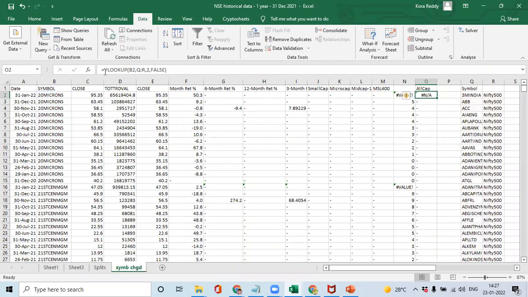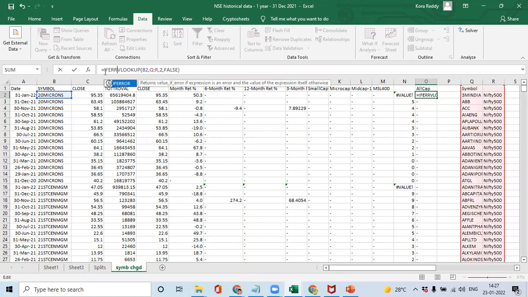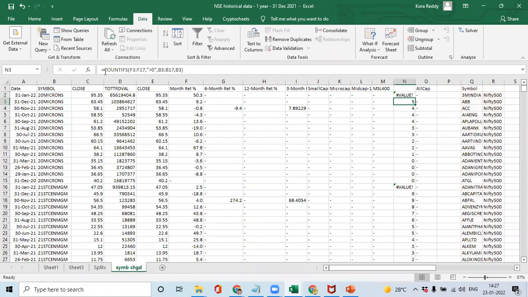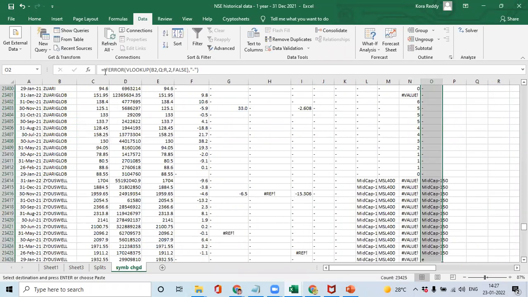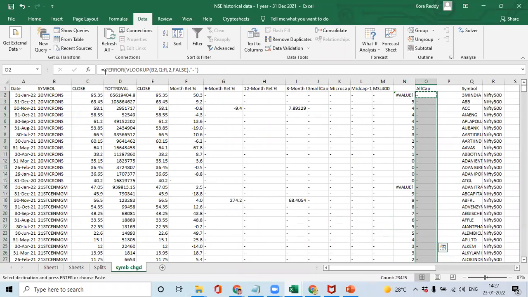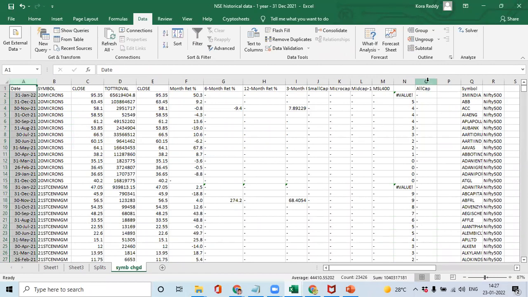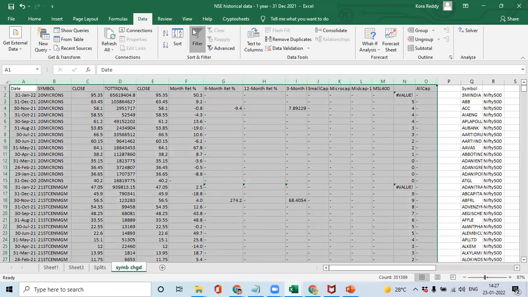If it is not found, if error, just put something like this. Now I get all my Nifty 500 stocks.